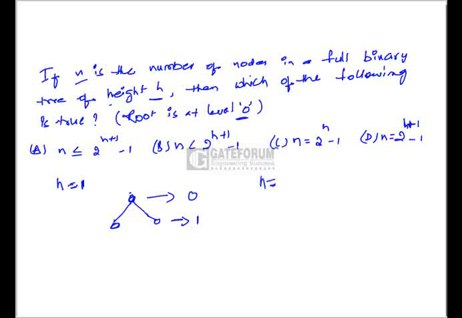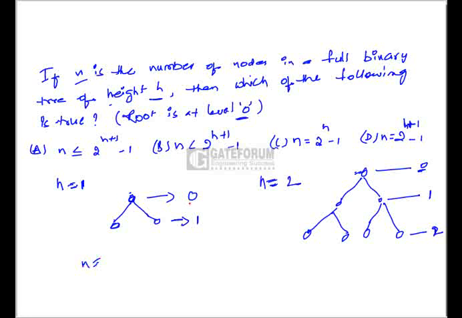Let us take one more example. Let us consider a full binary tree with height 2. So the tree would be this one. This is level 0, this is level 1, and this is level 2, and the root is present at level 0.